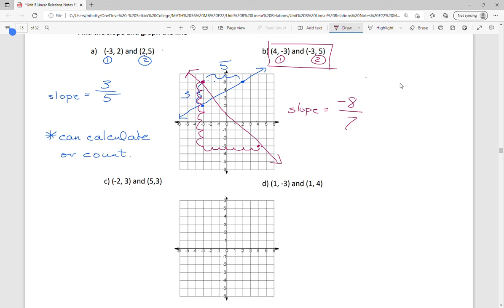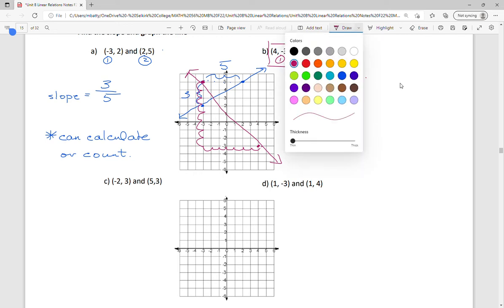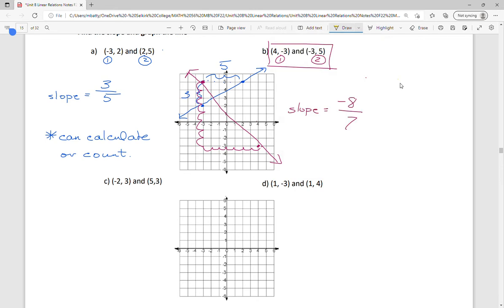There is a curious thing, and maybe I'll do this one time. I do always say that the negative goes with the numerator, because that's easier in my head. I'm much happier knowing that the negative tells me to go down, right? You could put the negative with the 7. So I could say it's 8 over -7. So this is telling me from one point to another to go up 8 and left.